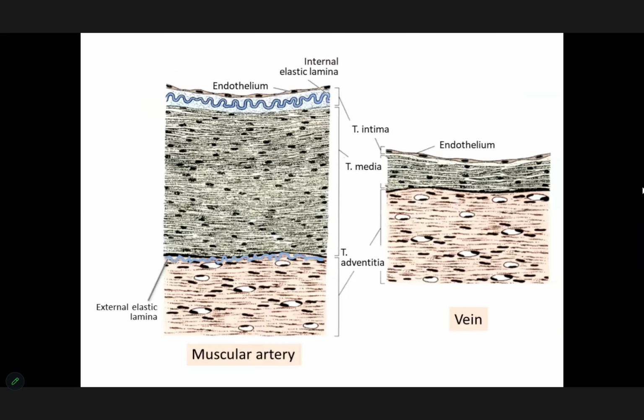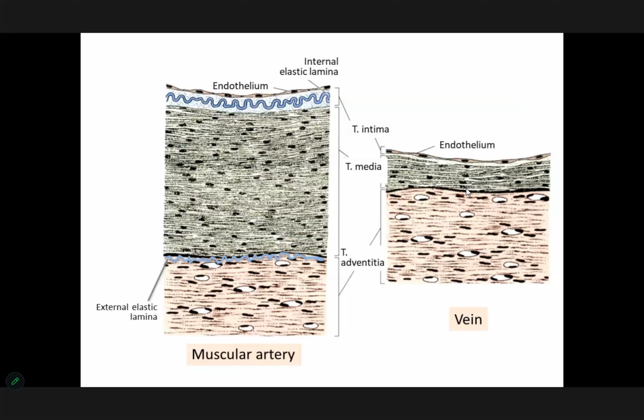Here is the drawing of comparison between muscular artery and muscular vein. Look at the thickness of the wall of muscular artery, wall of the vein, and the thickness of the tunics. Tunica media in artery is thicker than tunica adventitia, and vice versa.